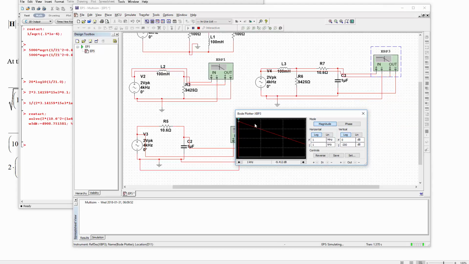Okay, so we need to go to a lower frequency than we had before. And interestingly, it's telling us that it is dropping off to something that we can't really see here.